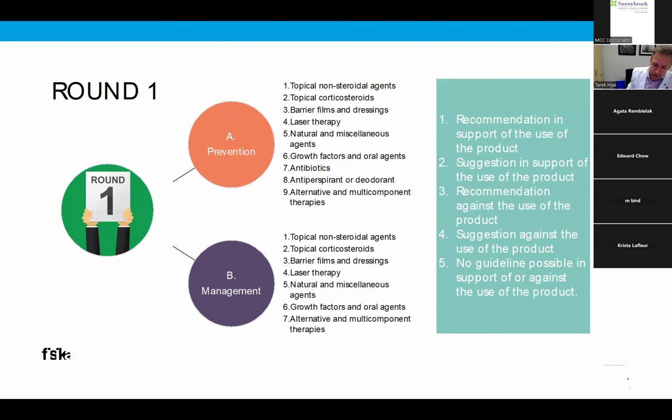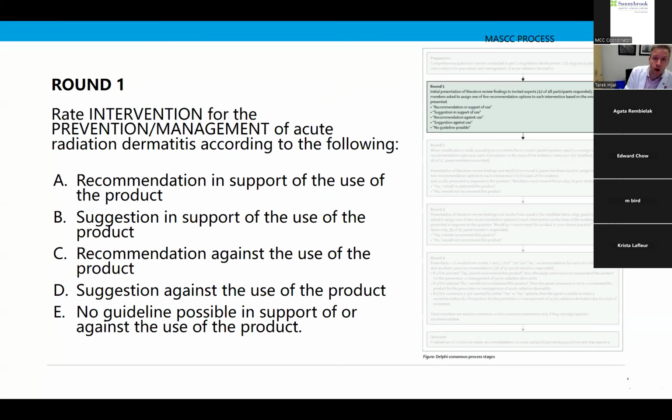We met in person for round one, like Edward said, a year ago in Montreal. And there was a vote on how we felt about the quality of the data for every single agent: whether the data supported the use of a product, or maybe even did not support it and was against the use of a product.